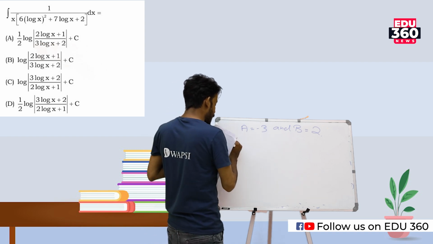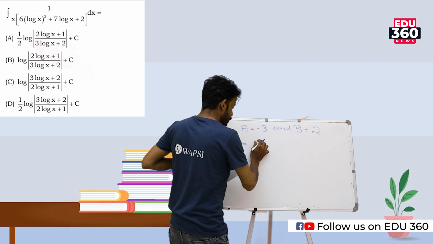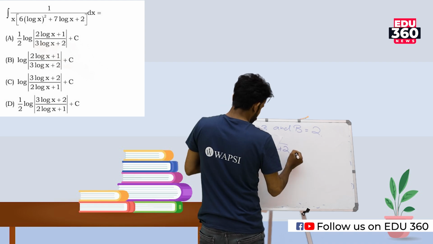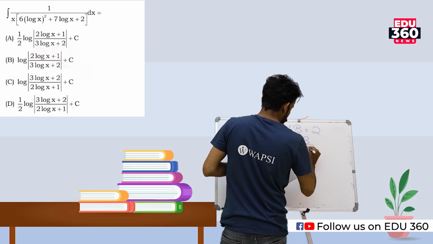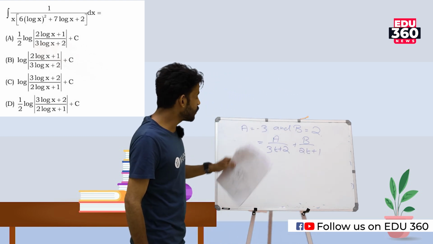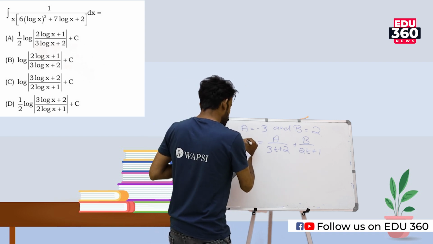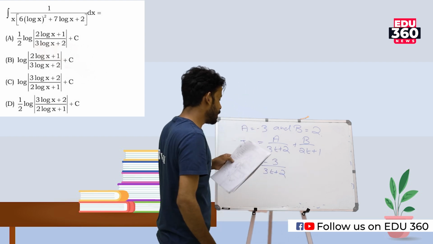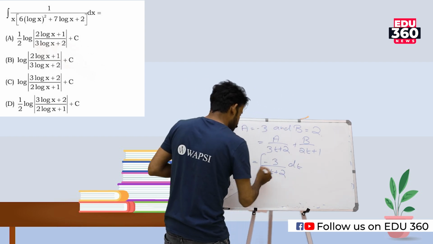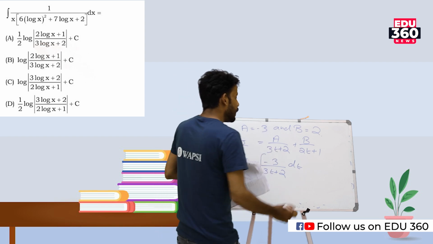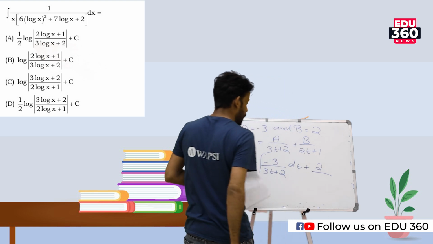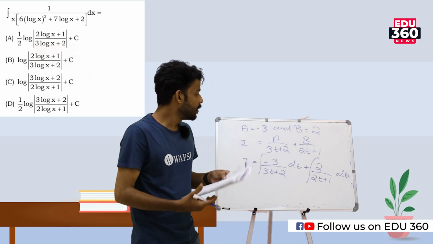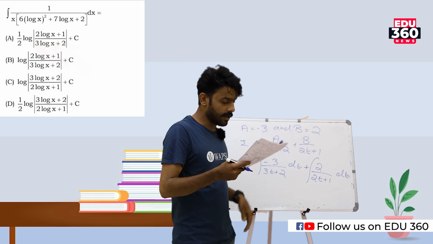So hereafter we can write I is equal to the integral of A divided by (3t+2) plus B divided by (2t+1). In place of A, substitute minus 3. So I is equal to the integral of minus 3 divided by (3t+2) dt plus the integral of 2 divided by (2t+1) dt.